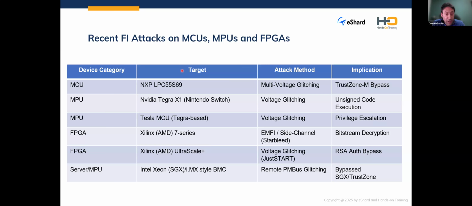They use the multi-voltage glitch technique that I described before. It demonstrates how multiple glitches can bypass instruction level countermeasures and TrustZone boundaries. So the idea is that voltage fault injection is no longer about crushing the device or the chip. It's about instruction flipping.